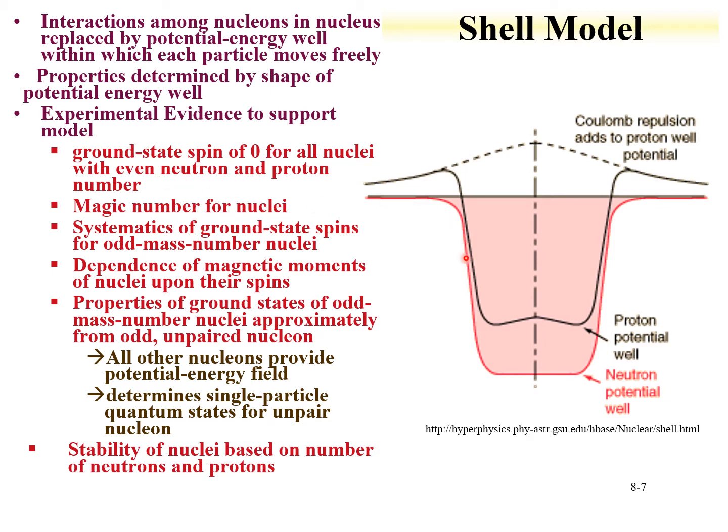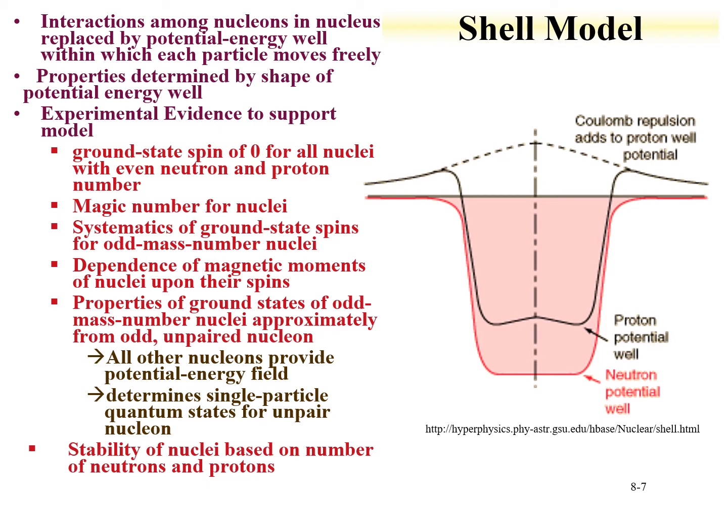There are some systematics on ground state spins for odd mass numbered nuclei, the relationship between magnetic moments and their spins, and some of the properties of ground states of odd mass numbered nuclei can be determined from that odd unpaired nucleon.